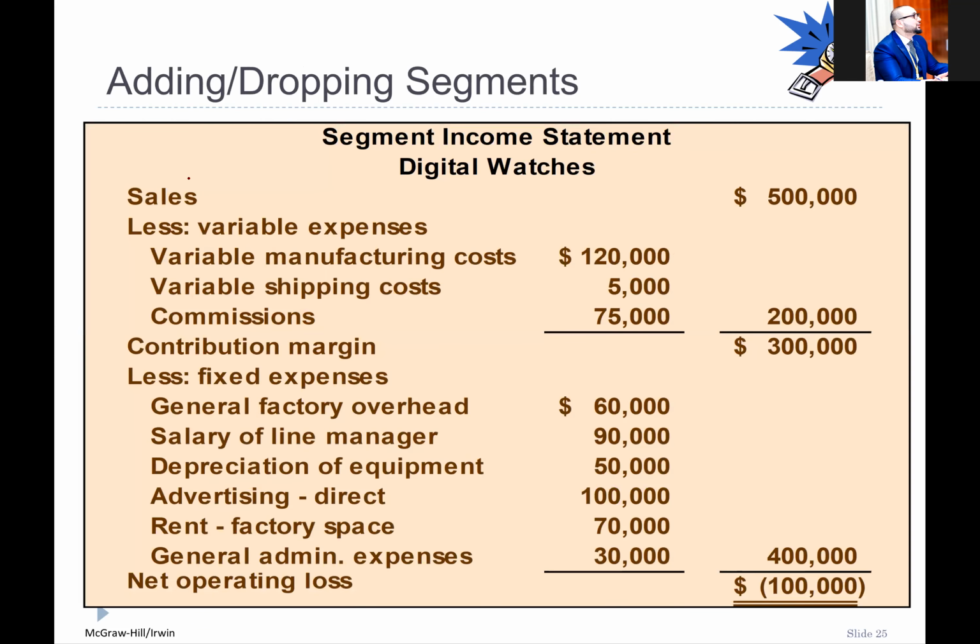So you see their sales less all the variable expenses, right? These are their complete variable expenses. Their contribution margin is 300,000. Less their fixed expenses, these are 400,000, right?